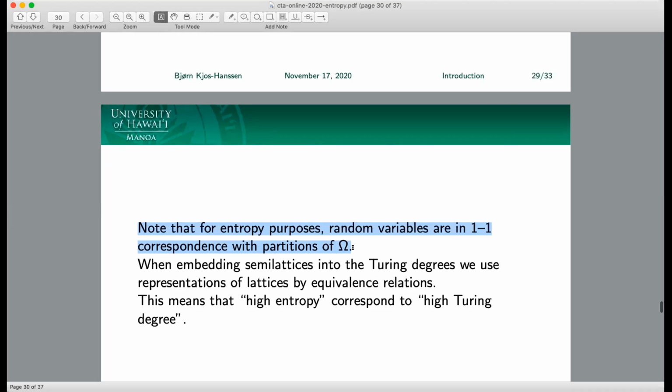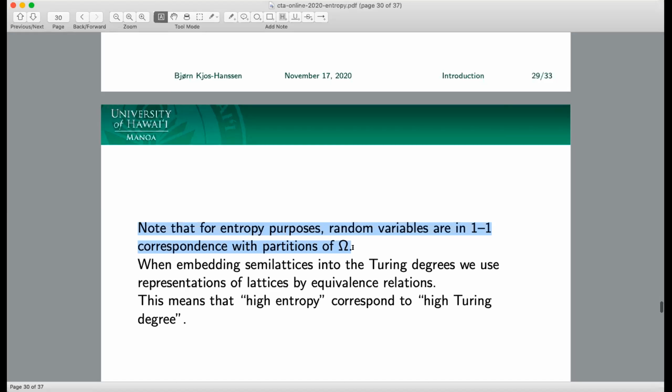So you can actually think about this even in terms of Turing degrees. You know, sometimes in computability we want to embed something into the Turing degrees, like a semi-lattice, or maybe you want to embed a semi-lattice as an initial segment of the Turing degrees, so the degrees of solvability under Turing equivalence.